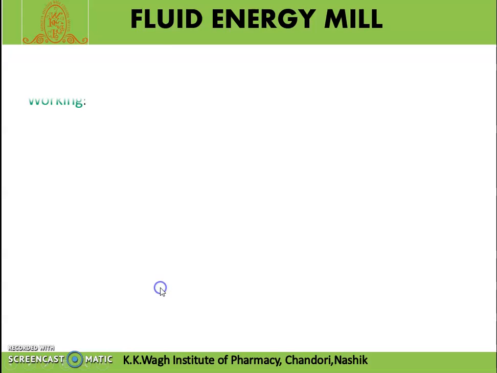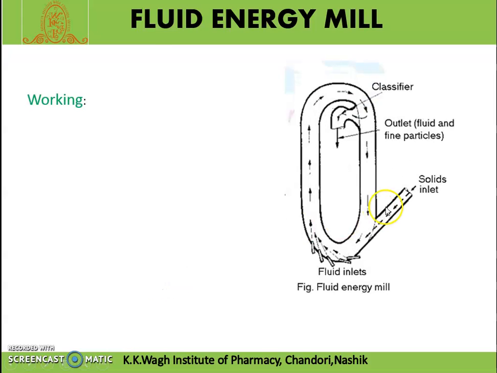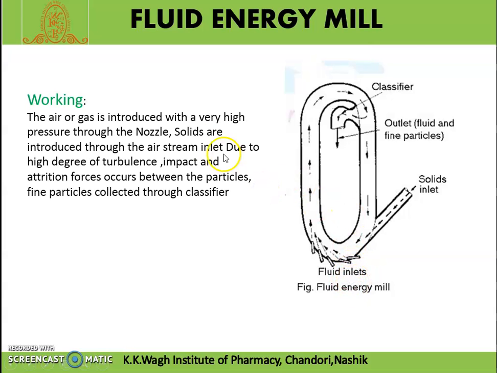Then we see the working of the fluid energy mill. This is the diagram of the fluid energy mill. The air or gas is introduced at very high pressure through the nozzle. Through this nozzle, solids are introduced into the air streams. Due to the high degree of turbulence, impact and attrition forces occur between the particles.